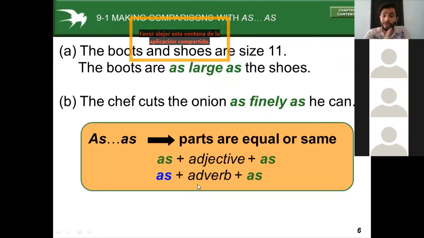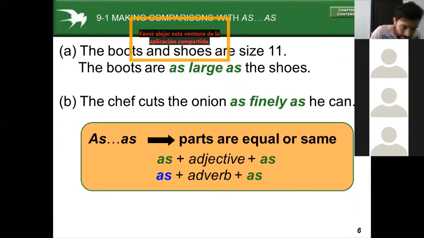So we can use adjectives and adverbs in between this set of comparisons. And different from the normal comparison, it does not matter if we have adjectives or adverbs, we don't need to add ER or EST, right? Only the normal form of the adjective or the normal form of the adverb. That's clear, right?